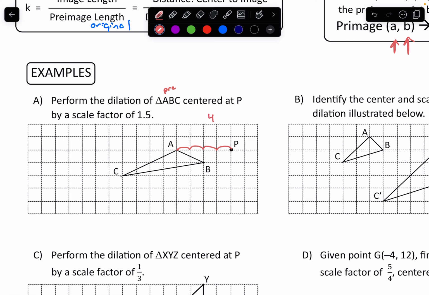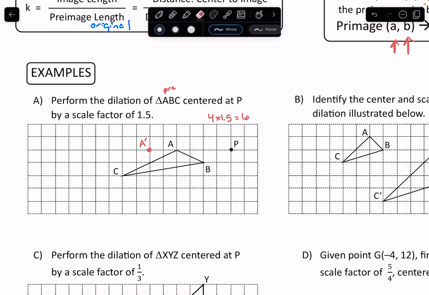Now to figure out my new image, my dilation, I take that distance and multiply it by 1.5, which gives me 6. So that means my new image should be 6 over from P. So instead of only going 4 over, I'm going to go 1, 2, 3, 4, 5, 6. And that's where I would put A prime.